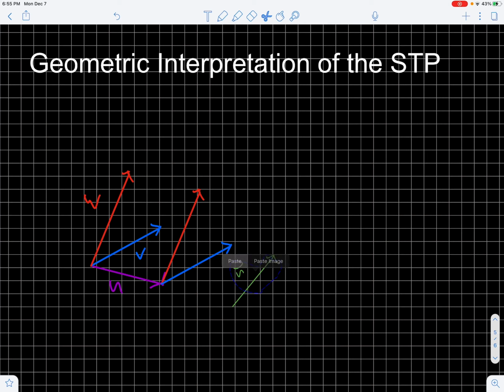And the scalar triple product is the volume of this weird shape, the parallelepiped. One more second to go ahead and get it drawn.